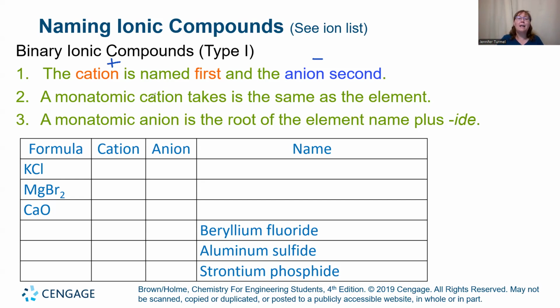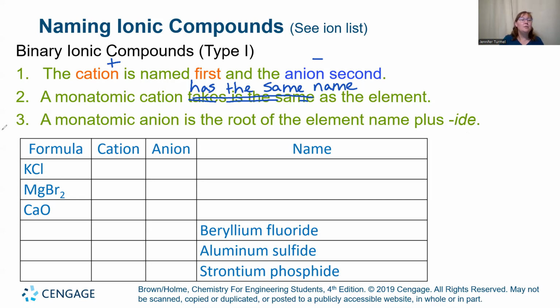The monatomic cation has the same name as the element, and a monatomic anion is the root of the element name plus -ide.